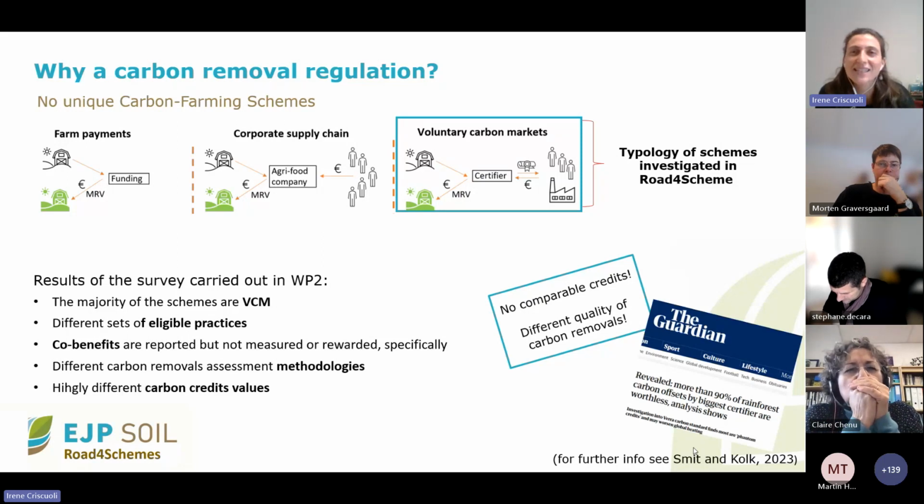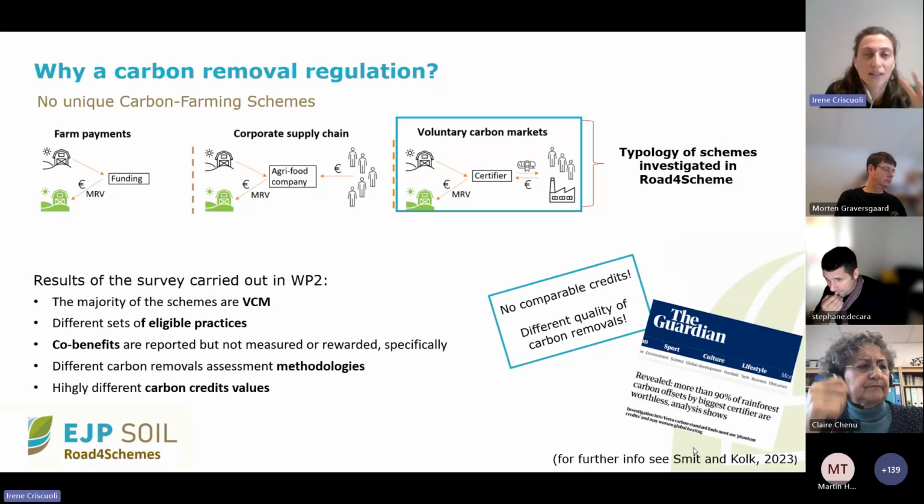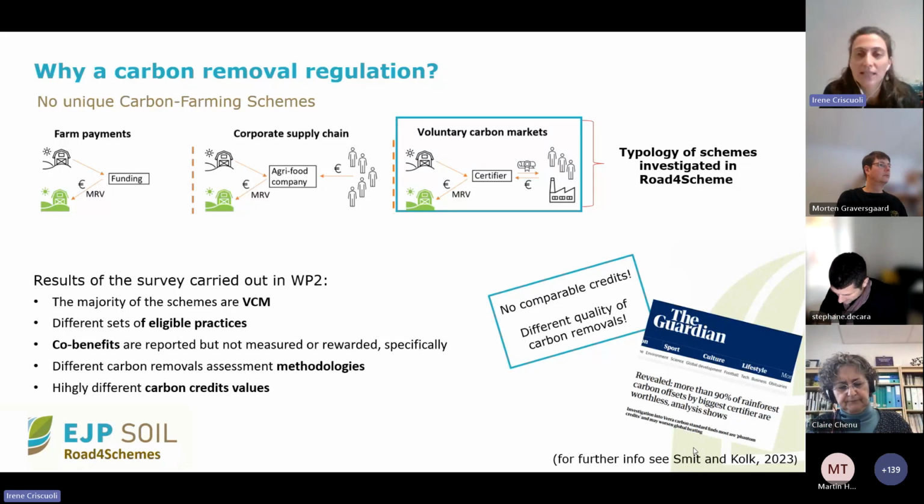But still, inside this category, there are a lot of different schemes, and especially they apply different methodologies to measure the carbon removals. Therefore, these credits are not comparable. And most importantly, they differ in the quality of the carbon removals sold on the market.